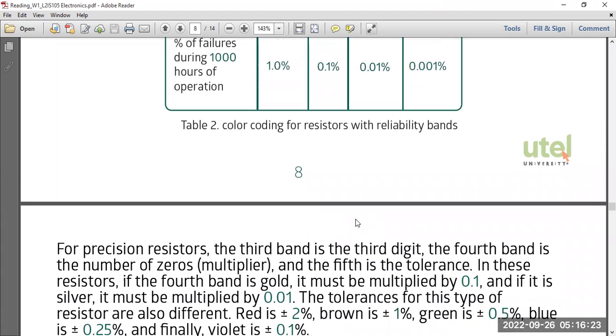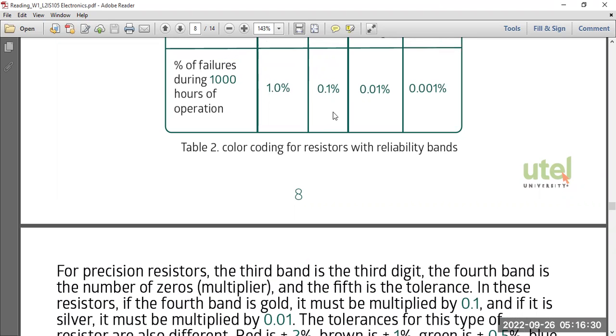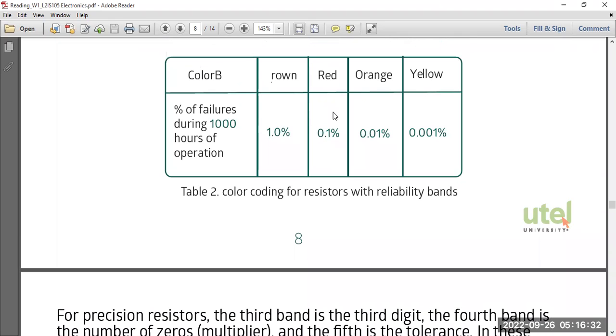In that, we will be considering an example for 5 colors.